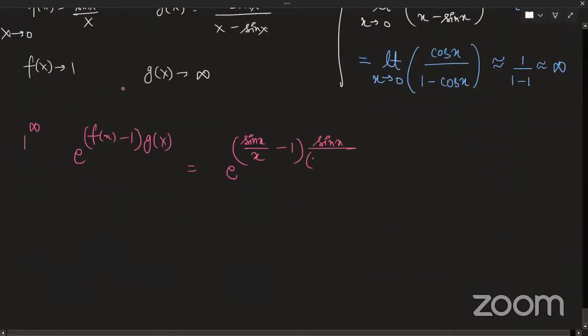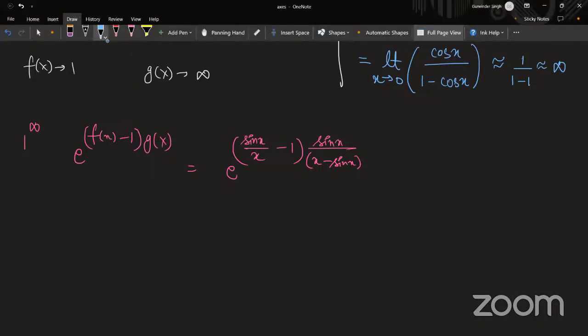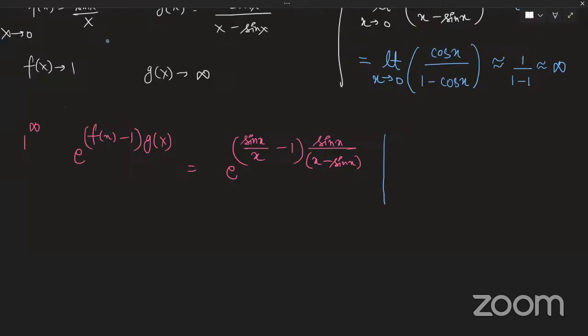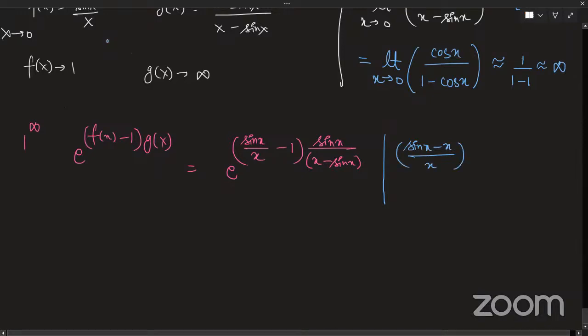Let us look at this part. It can be written as (sin x minus x) whole divided by x, into x by (x minus sin x).